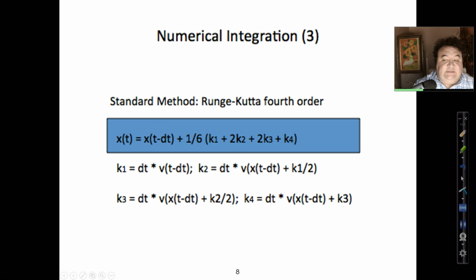So to make things even better, that's where we go to the so-called standard method, which is really the fourth order Runge-Kutta, where, as usual, the starting point is equal to the previous location, and now we have the blend of those four terms.